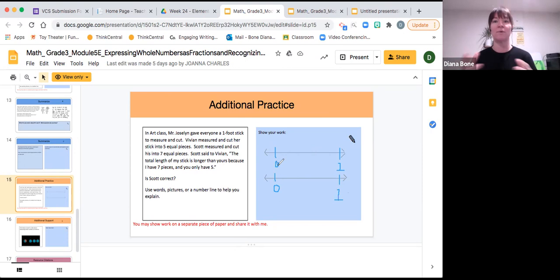Well, boys and girls, when we reason about size, we actually know that 7 pieces is going to make our pieces smaller.